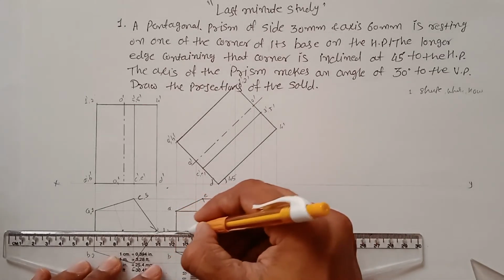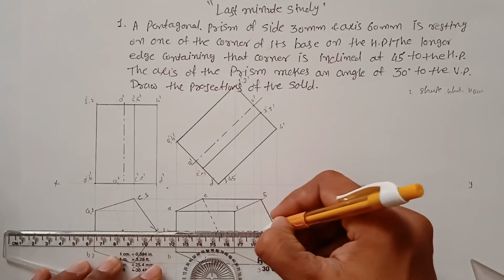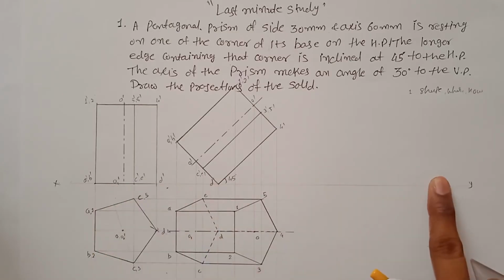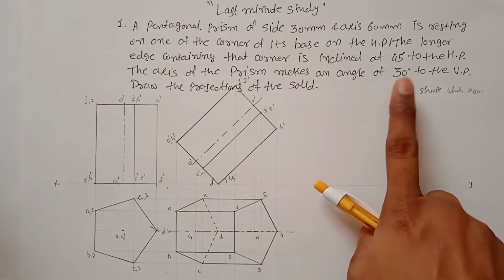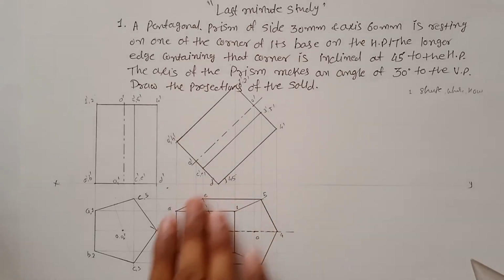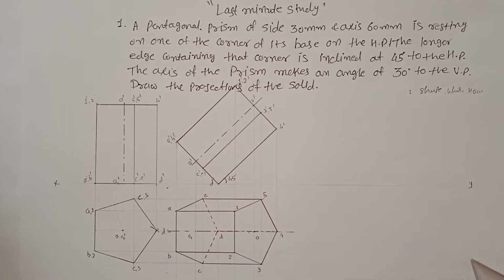So this is the axis over here. So I am talking about this axis. Right now this axis is parallel to the XY line and they asked to make it at an angle of 30 degrees with the VP. So this line has to make an angle of 30 degrees with the VP and you have to construct the whole solid over here.